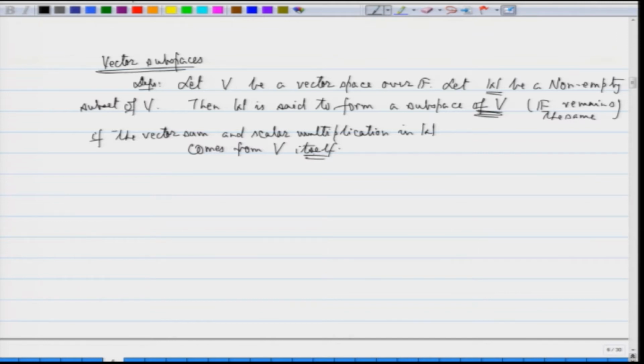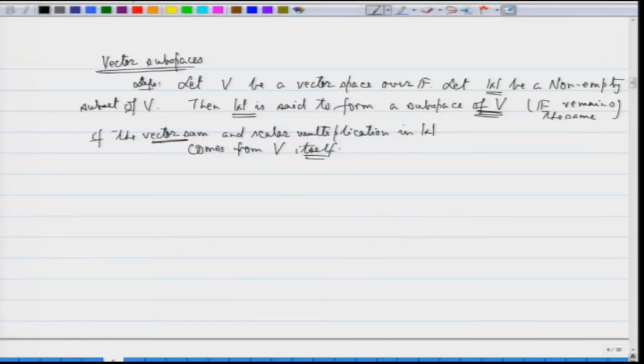So, what I am saying is that when something is a vector space, I need to define what is called the sum of two vectors. Now, W is a subset of V, so every element of W is also an element of V, and therefore, I can just pick elements of W, think of them as vectors in V, add the two vectors in V itself and then come back to W.